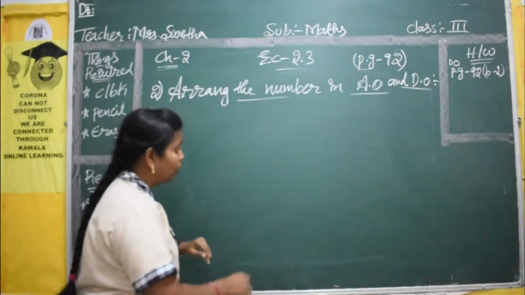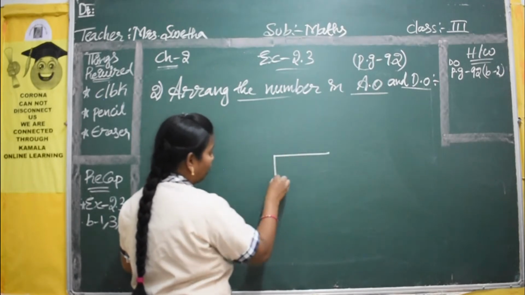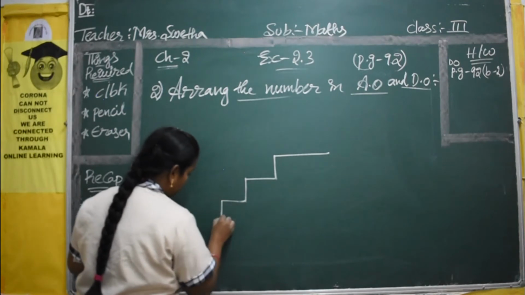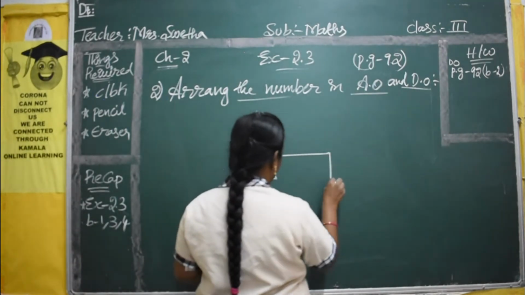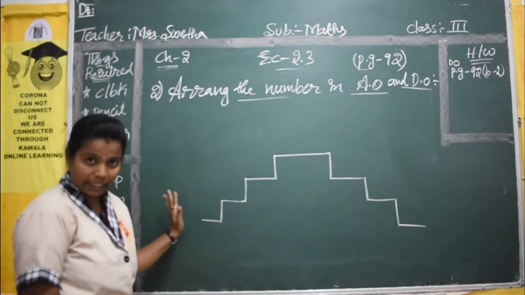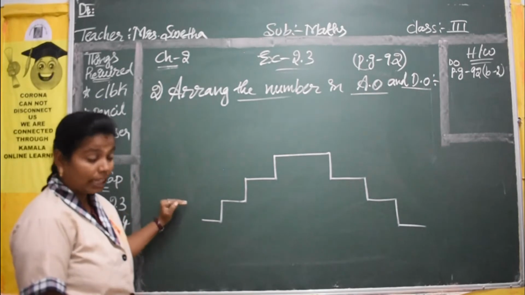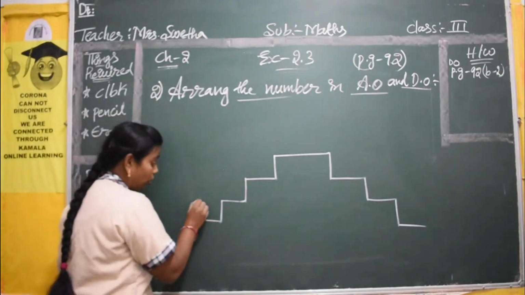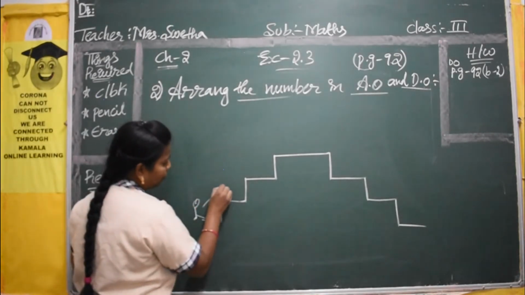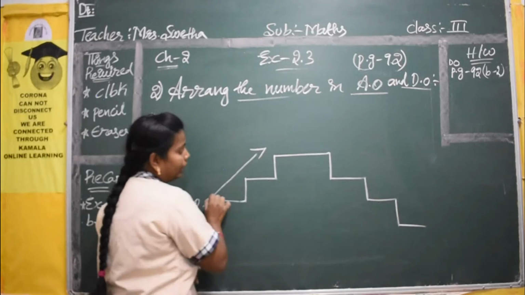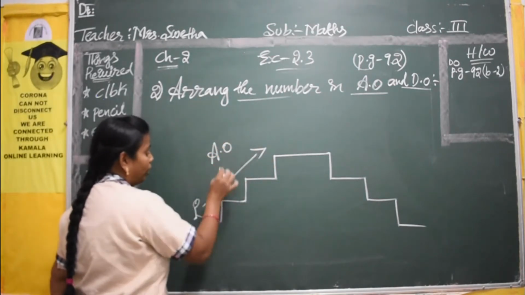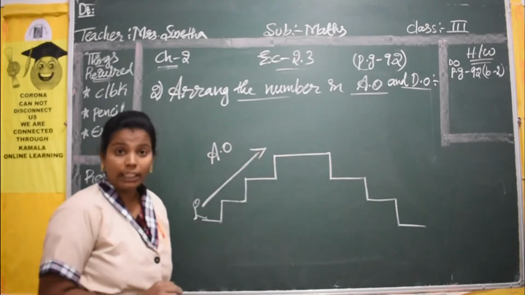What is ascending and descending order? See, suppose you have steps in your home, you will get on the stairs. Few people play on steps also, but it is very dangerous, children. So if you have steps like this, getting on the steps from the first step to the last step is called ascending order.